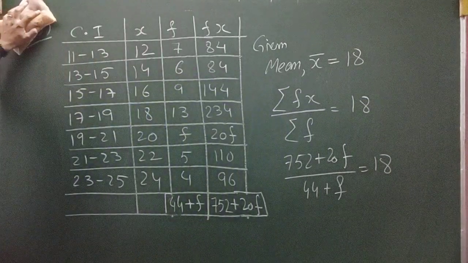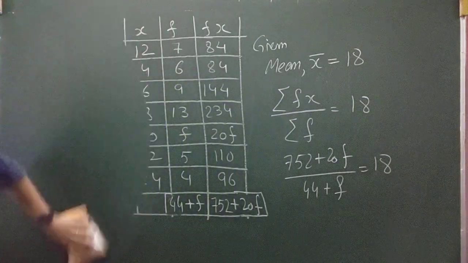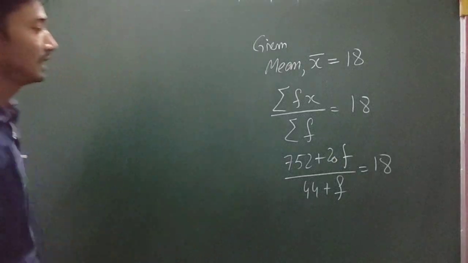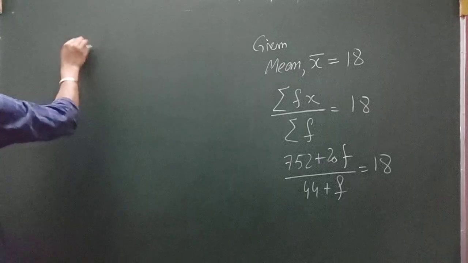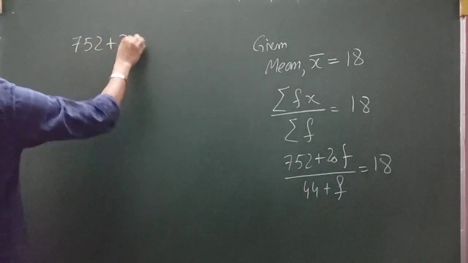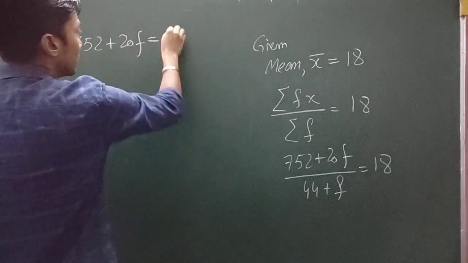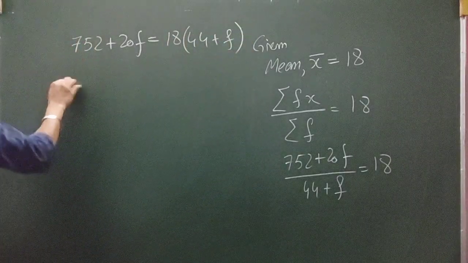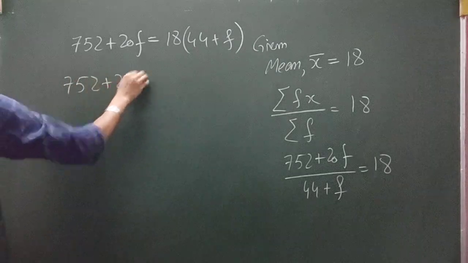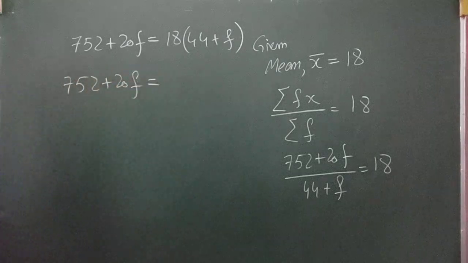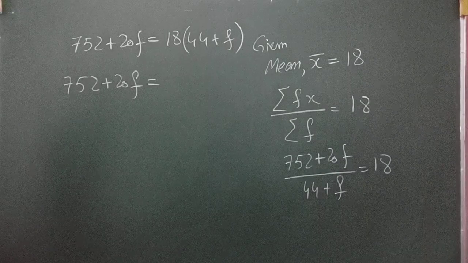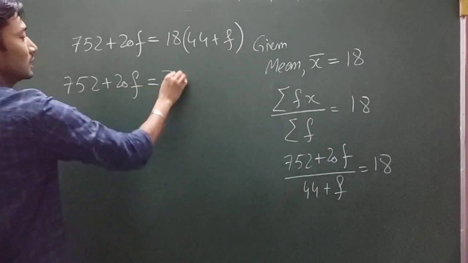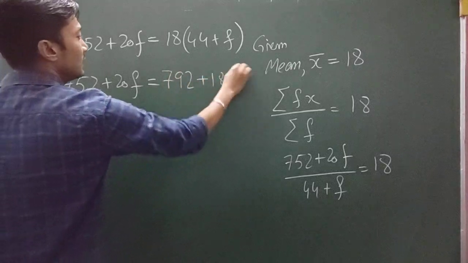Now our job is to calculate this and find the missing value of F. So 752 plus 20F is equal to 18 into 44 plus F. Now 18 into 44, how much is that? 792 plus 18F.